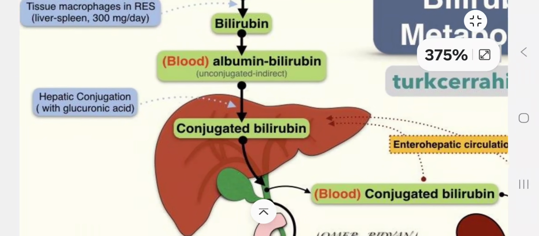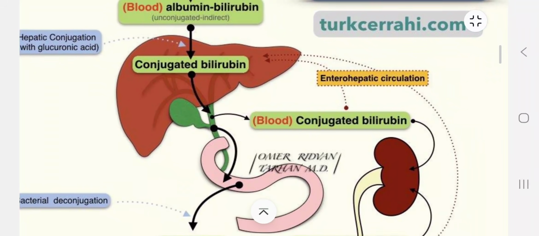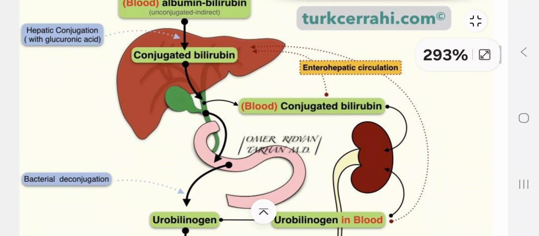So once the bilirubin has reached the bile, it will enter the intestine. In the intestine it will reach the duodenum, second part of the duodenum. Then it will reach the jejunum and ileum. In the ileum, colonic bacteria will act and dissociate the majority of the bilirubin into bilirubin and glucuronide. Some amount of the bilirubin will be reuptaken by the liver by enterohepatic circulation.